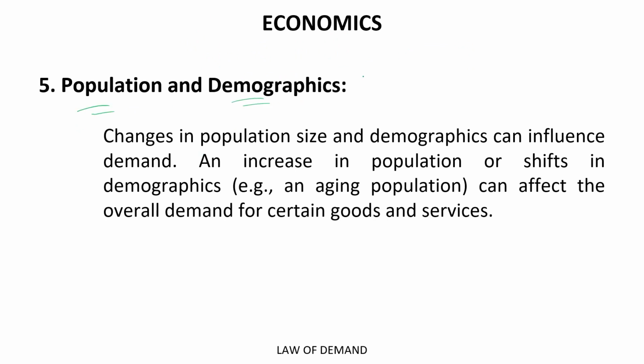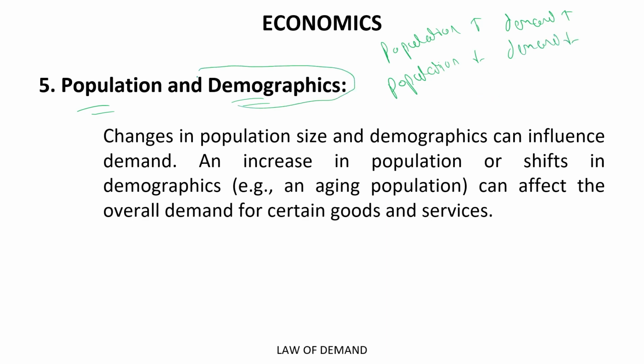Thereafter, the population and demographics. If the population goes high, demand will automatically go high. If the population goes down, demand will automatically go down. If we talk about demographics, say there is a company XYZ which makes toys and child things.